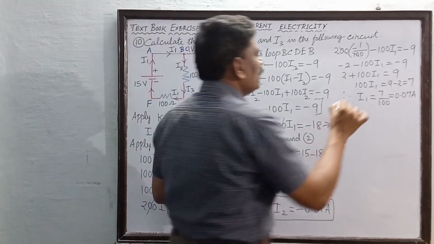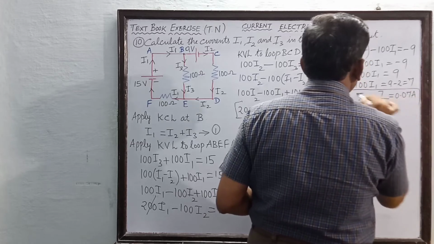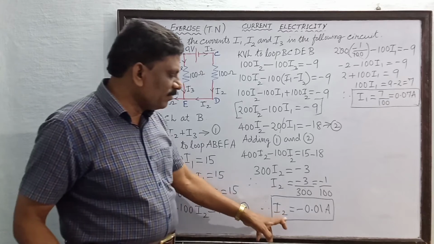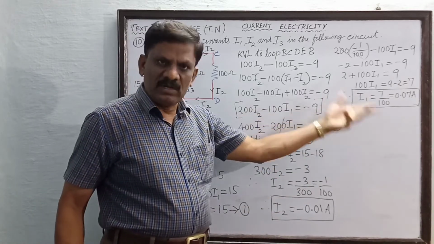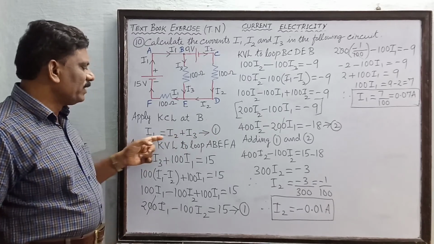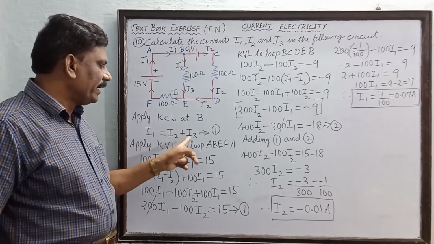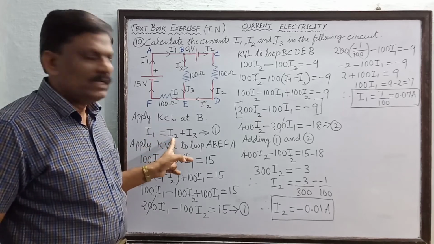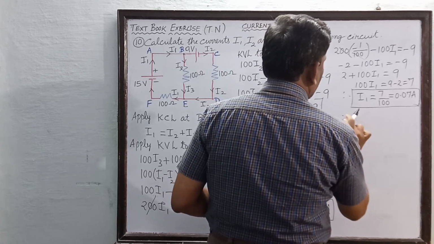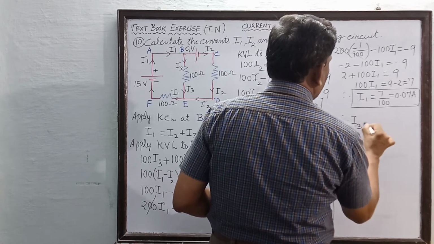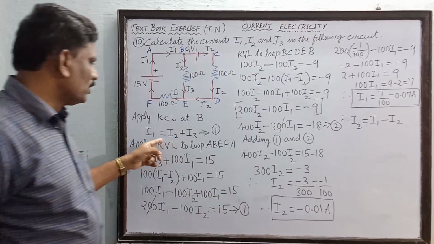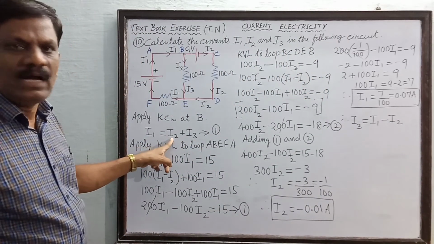So I1 also we have determined, 0.07 ampere. Already we have determined I2. Now we have determined I1 also. So Kirchhoff's first law, first equation is I1 is equal to I2 plus I3, or I3 is equal to I1 minus I2. Using that, I3 also can be determined. Therefore, from equation 1, I3 is equal to I1 minus I2.